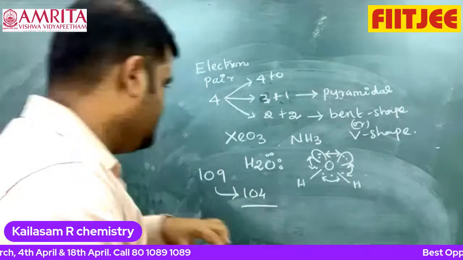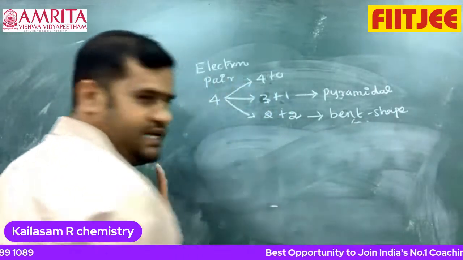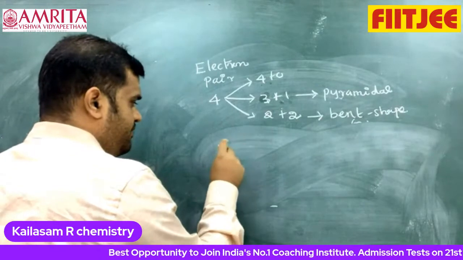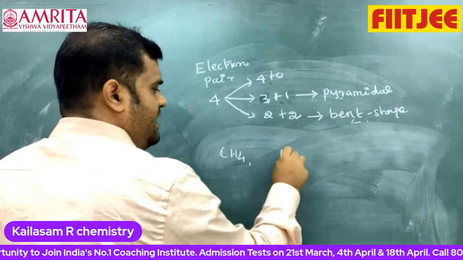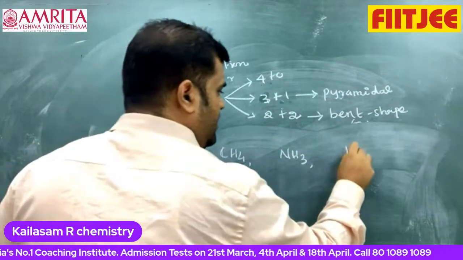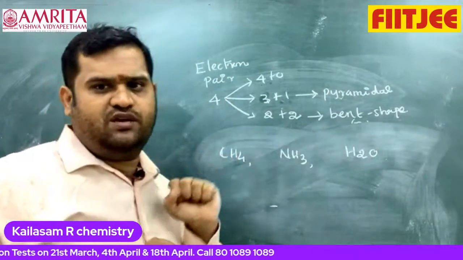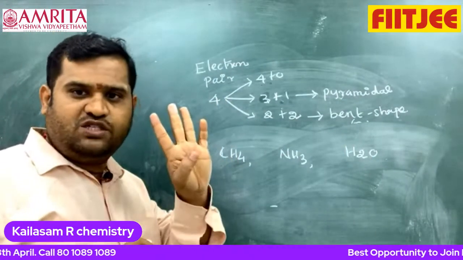Now if I want to compare, please understand very carefully, I'm taking CH4 and NH3 and H2O. Can you compare the bond angle of these three? Now carbon, what is the valence electron? 4 is the valence electron.